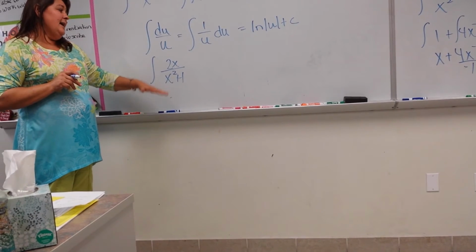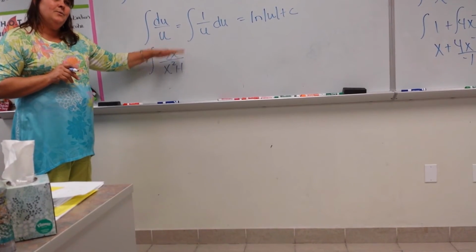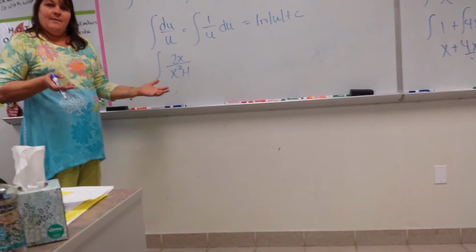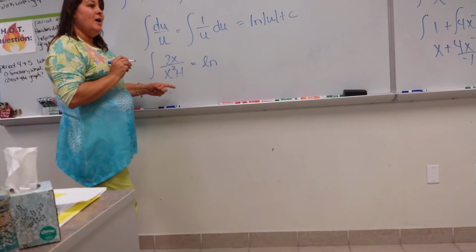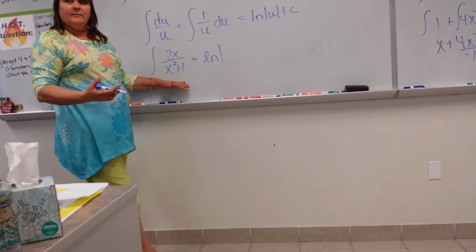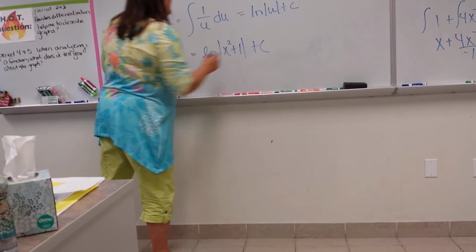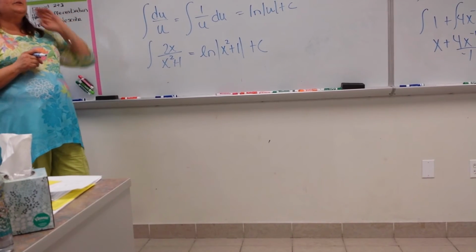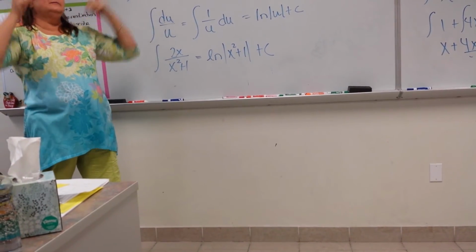So do you agree that I have the derivative over the regular thing? I have du over u. So that is the natural log of the absolute value of u. What's u? It's my denominator. X squared plus 1. Don't forget your plus c. If you look at your denominator and derive it and you have your numerator there, you're good to go.